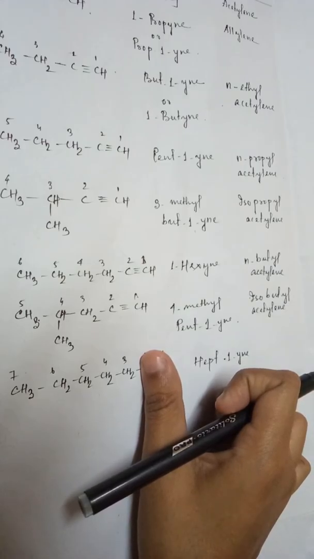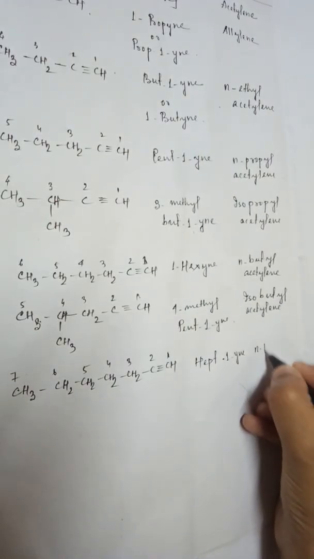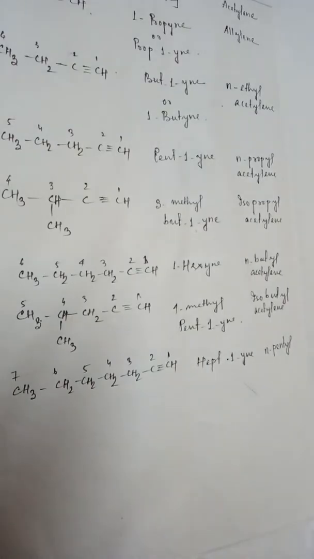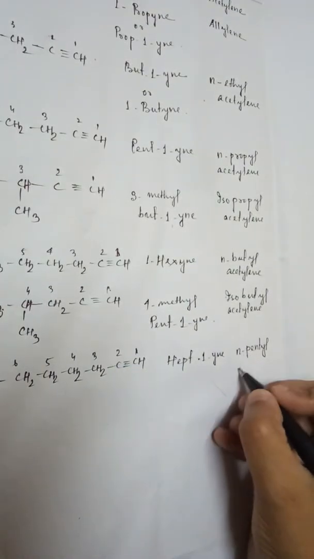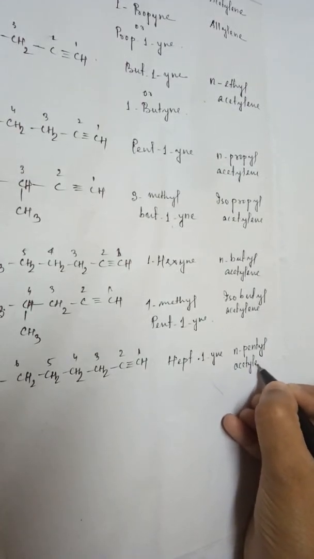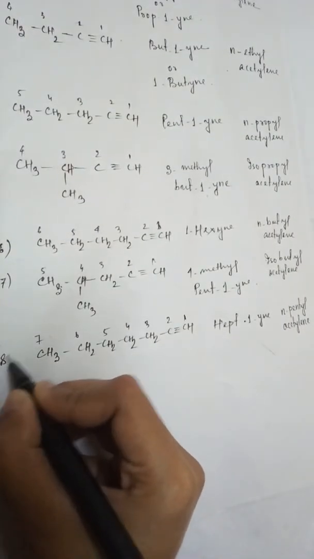Except this acetylene portion, the remaining carbon atoms are 5. So this is a pentyl group. So N-pentyl acetylene.